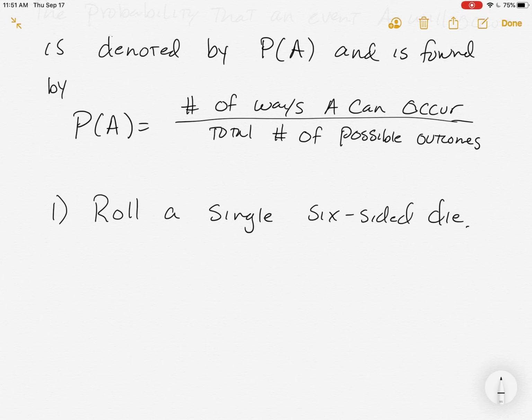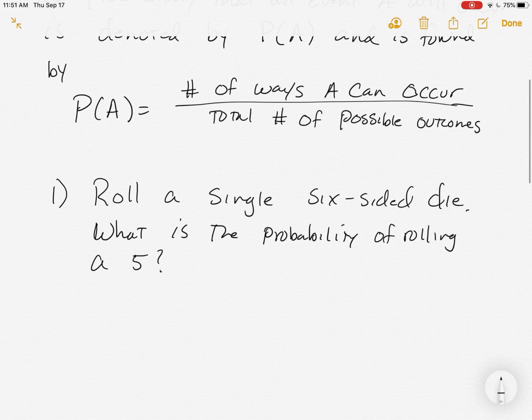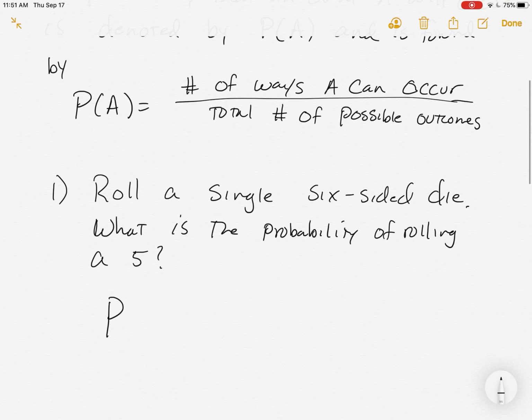They're going to ask a question like this: what is the probability of rolling a 5? And so what we want to do is simply say, hey, the probability of rolling a 5 is easy. The outcomes are 1, 2, 3, 4, 5, or 6.